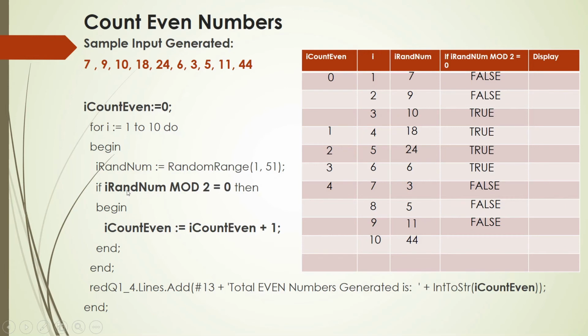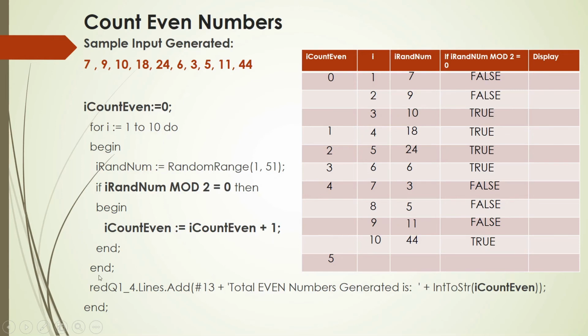I'm now checking, is 44 mod 2 equals 0? True. What happens to iCountEven in this part? iCountEven takes on the current value, which is 4, and you add 1. iCountEven is now 5. I hit the end and i now becomes 11 and the loop terminates.